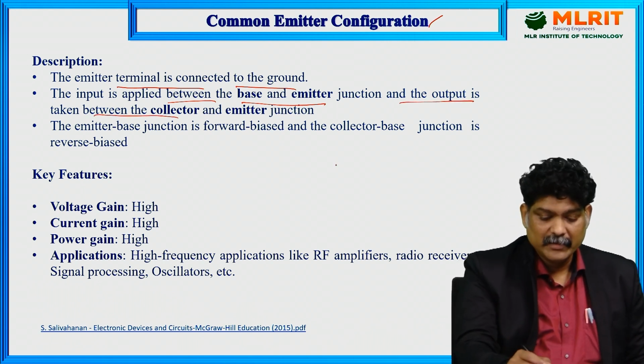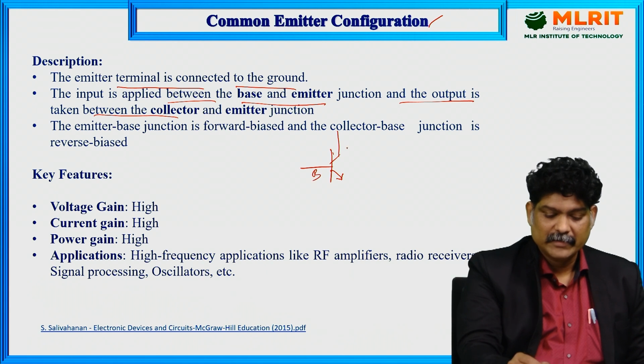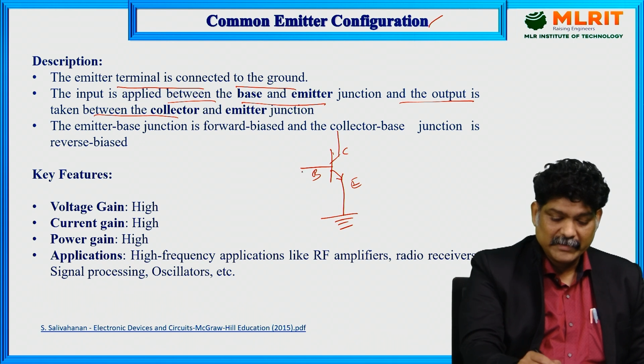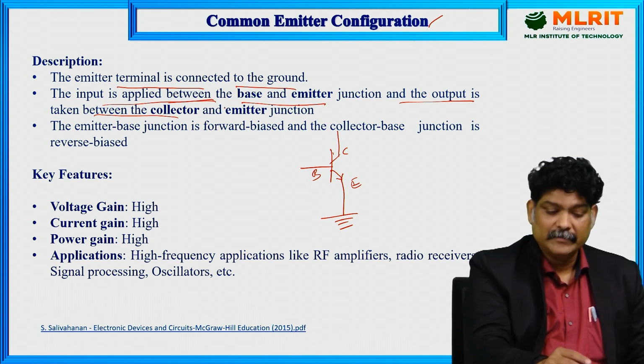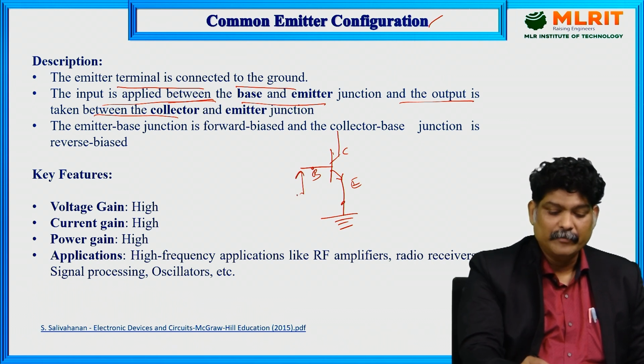Let us say this is an NPN transistor, with base, collector, and emitter. Common emitter means the emitter terminal is grounded. This is the input side, so the input is applied between base and emitter, and across this you apply some input voltage.